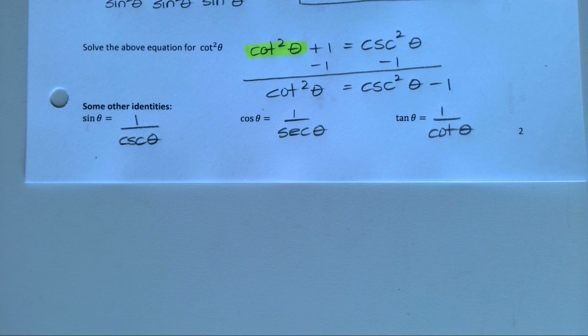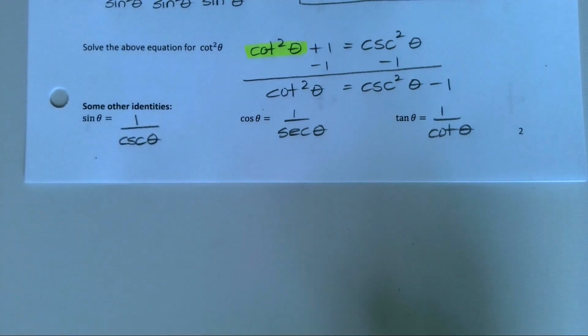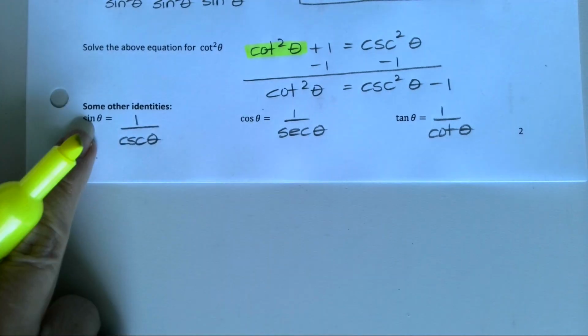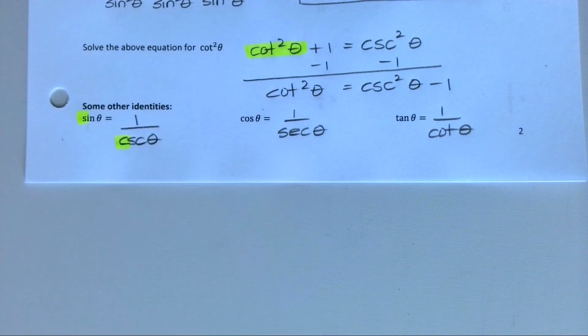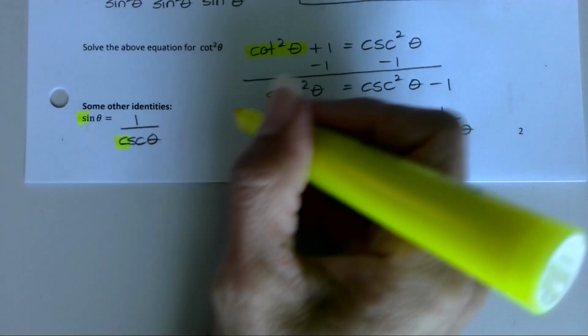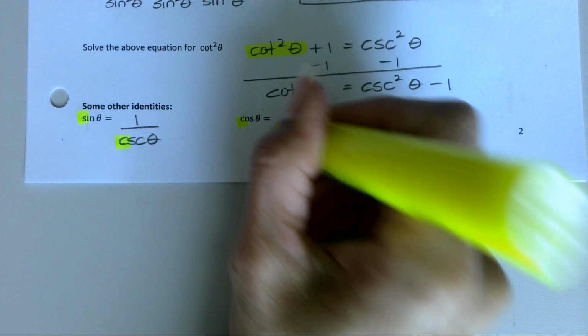And the way that I've told you since day 1, since we've been doing unit circle, the way I remembered them, unless you can figure out a way for yourself, the reciprocals are always going to start with an S and a C, okay? They always start S's and C's.